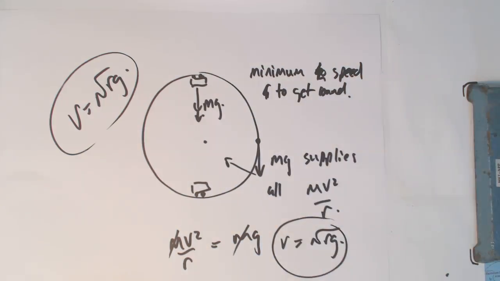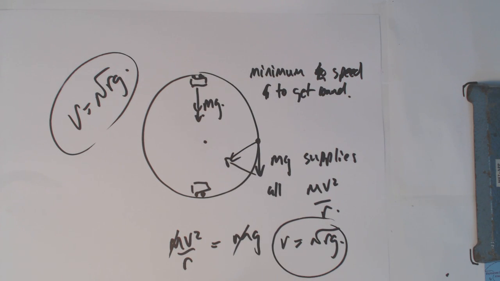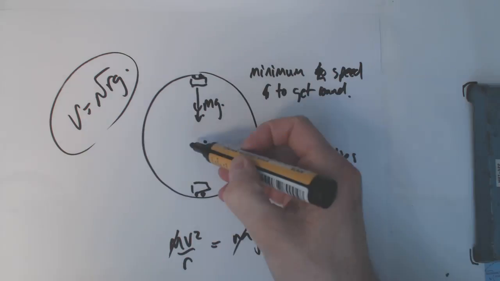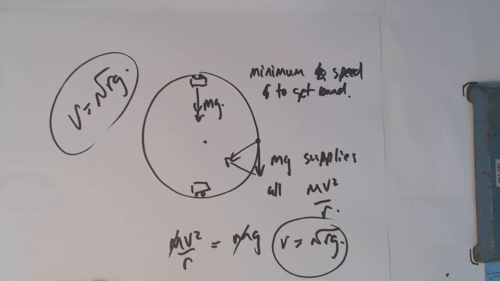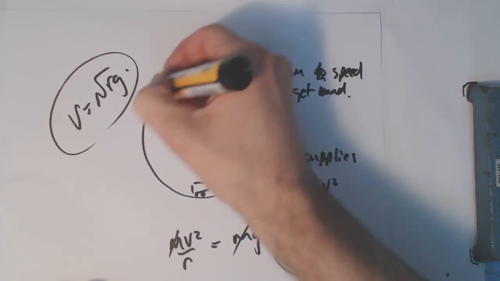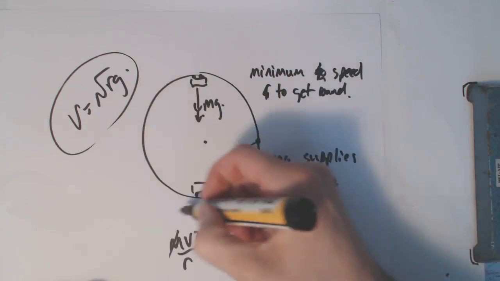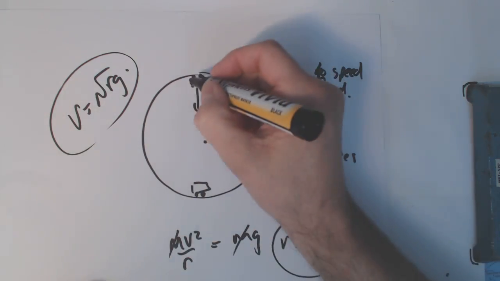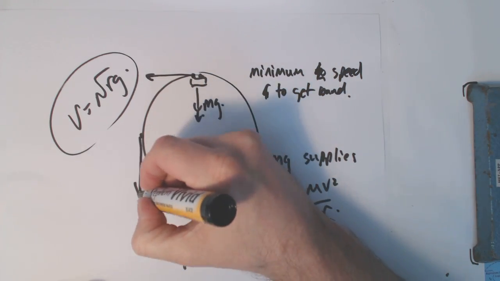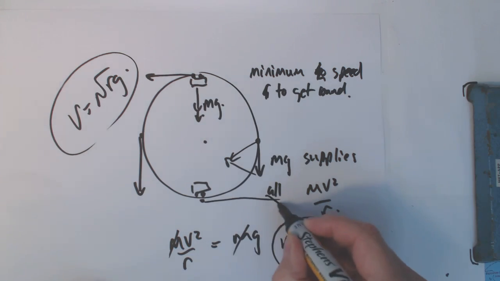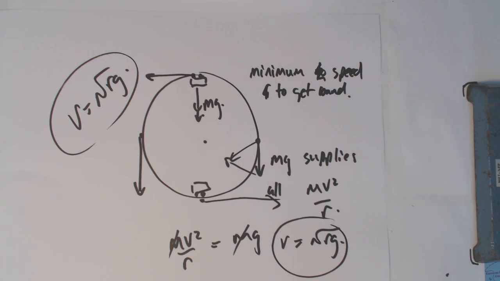So you've got these two forces, and so you end up with this net force that's got two components. It's got a centripetal component that pushes towards the center, and it's got a tangential component which pushes in the direction of the velocity. Remembering that when something goes in a circle like this, its velocity is always at a tangent. So when it gets there, its velocity is like that. When it gets there, its velocity is like that. But it's changing, right?